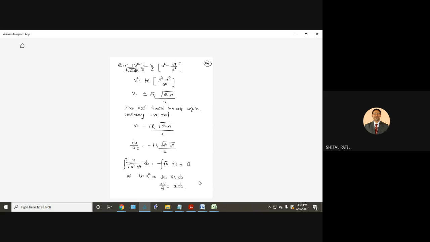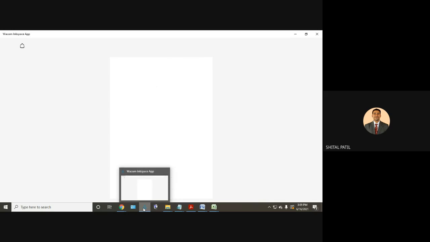Equal to, sorry, on the other side what is there? Minus root k by 2, right? Minus of integration root k dt. Root k t, and then b is there.